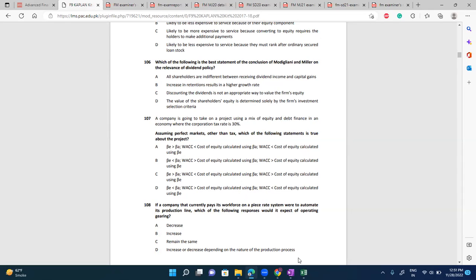Beta equity is greater than beta asset. WACC should be lower than the cost of equity calculated using beta asset.